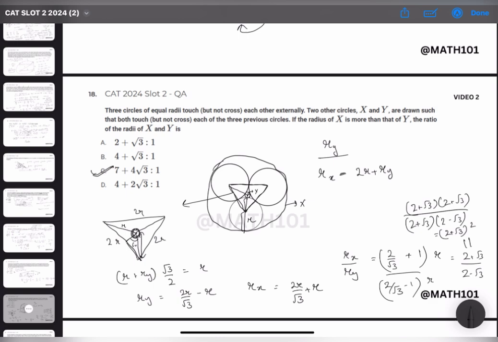So what we did is, these are the three original circles, and we join the centers of these circles. So we get an equilateral triangle of side 2r. And then there is this small circle y sitting inside. Joining its center to any of the vertices of the triangle, the center of y will serve as the circumcenter of this equilateral triangle, by symmetry.